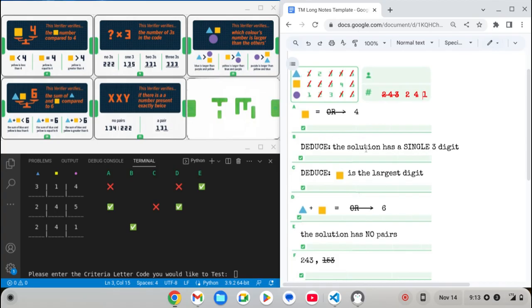Okay, and let's update our notes here. We'll say that the solution has no 3-digit.